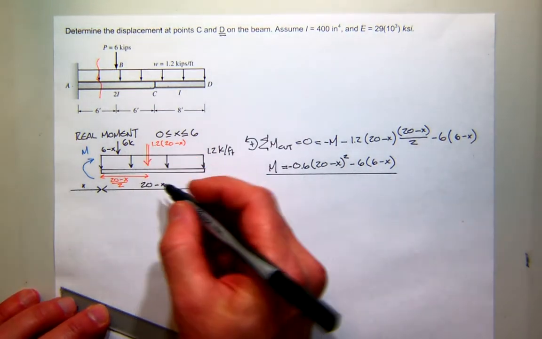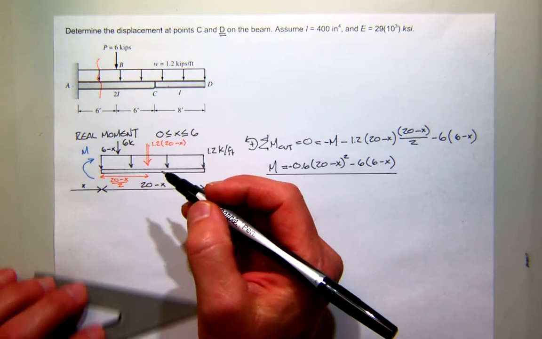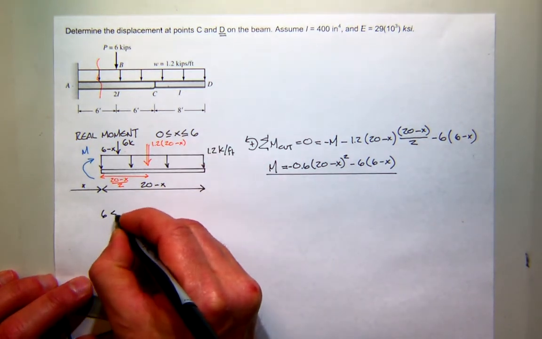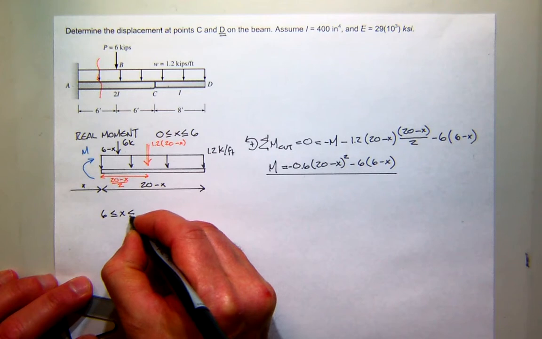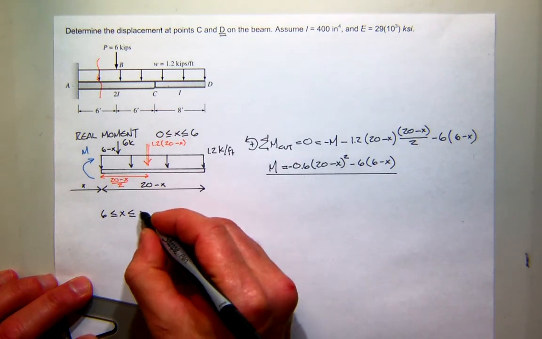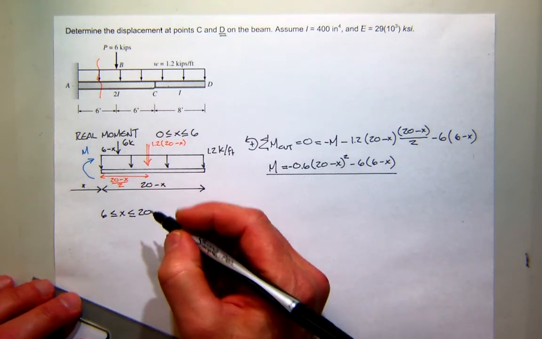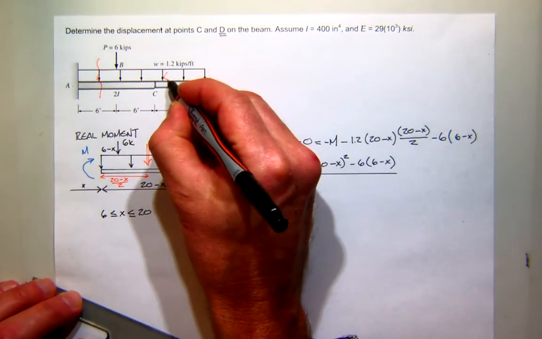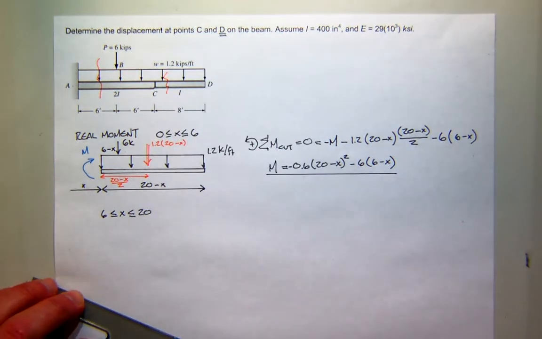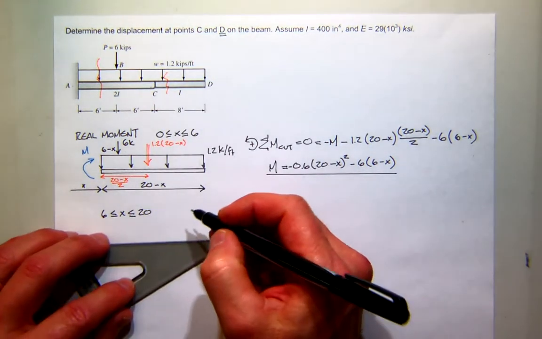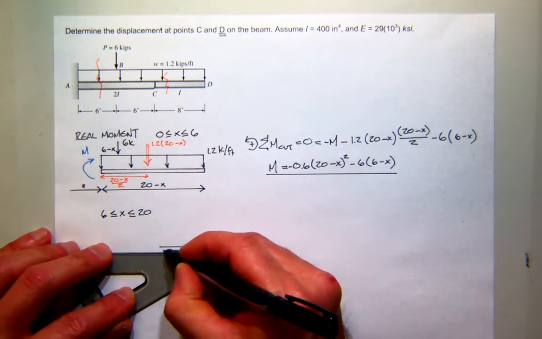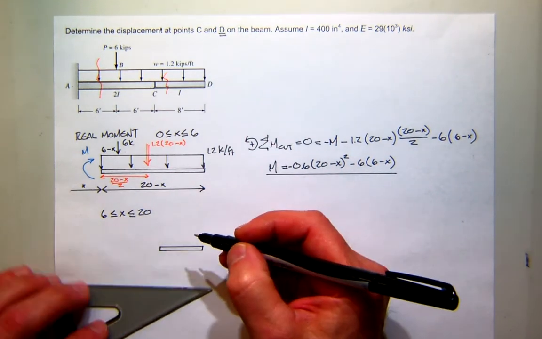So let's do the next one for our real moment, except this time we'll do it from 6 to 20. So we'll cut the structure now somewhere here, and I think it'll be easier again to work the free end, or the cantilever end. So I'll draw a spot for that.